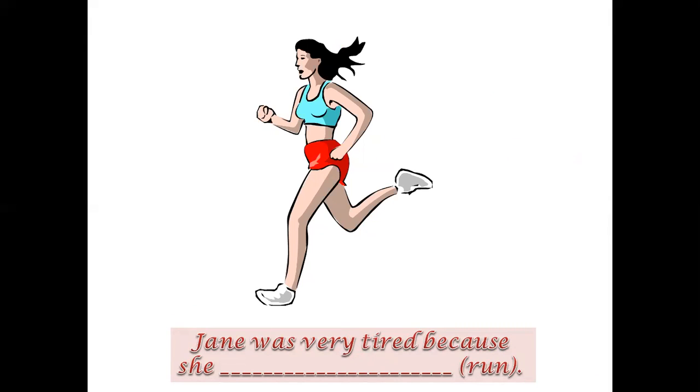I think because she ran for a long time. So you will put it in the past perfect simple or the past perfect continuous. Yes, it's past perfect continuous. Jane was very tired because she had been running, okay, for a long time. Okay, you do not have to say for a long time, but it's clear. Why it's clear? Because of the result. الريزلت اللي هي إنها كانت tired. Okay.